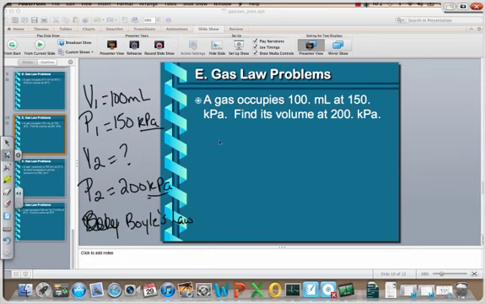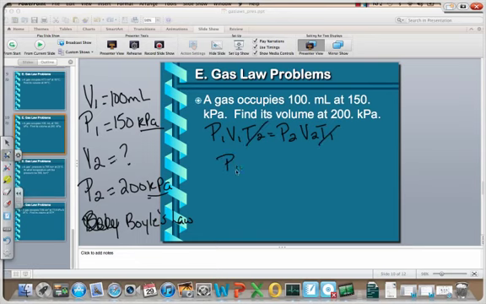Looking at your formula, let's take out the combined gas law formula. P1 times V1 times T2 is equal to P2 times V2 times T1. This is our combined gas law formula. We're looking at only pressure and volume here, so we're assuming the temperature is held constant, so we can get rid of that.